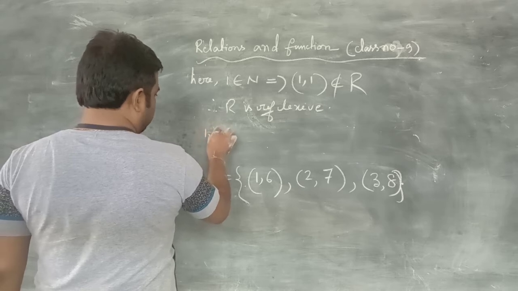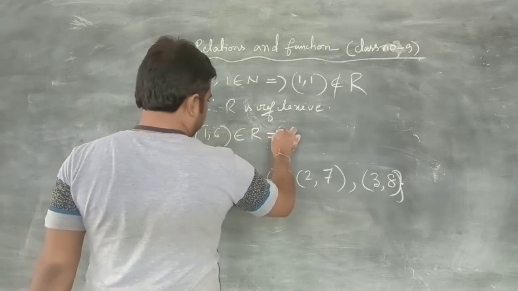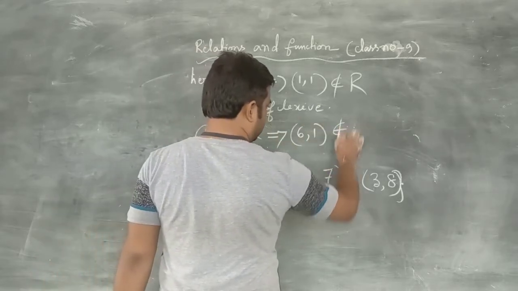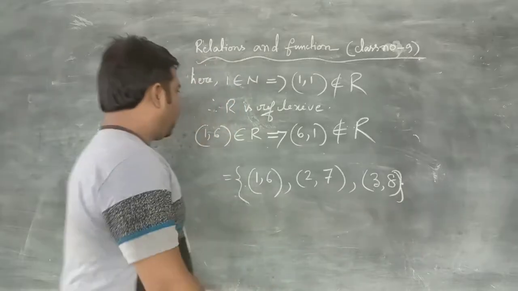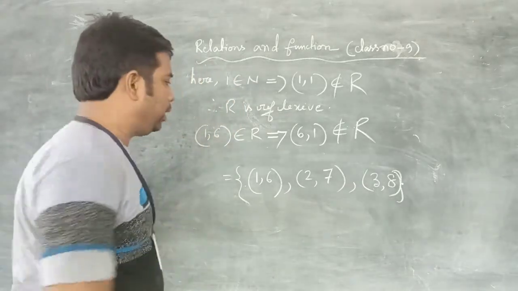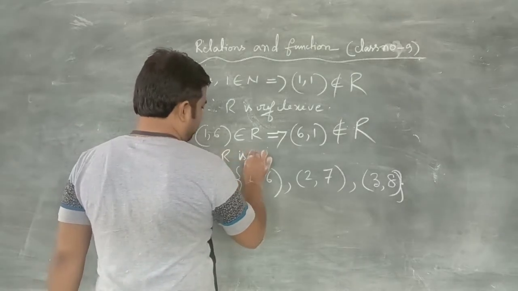Next, (1, 6) belongs to R implies that (6, 1) does not belong to R. So R is not symmetric.